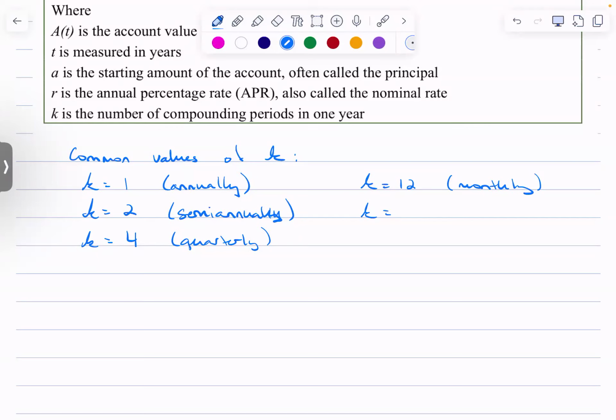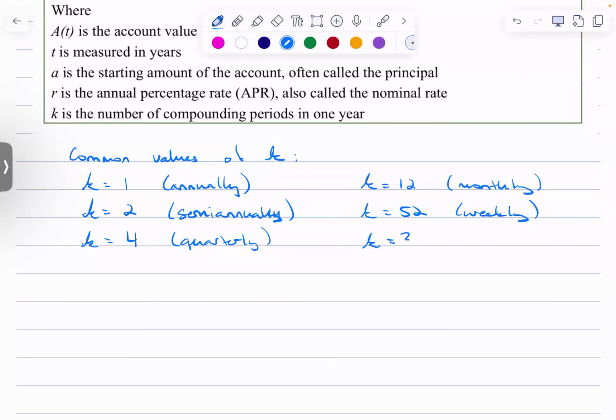K equals, we'll do 52 for weekly. Since we're not doing a deep dive into these, right? As long as you remember that K is the number of compounding periods per year, it'll say something like compounding 6 times per year, right? Which isn't a common one, but then K would just be 6.